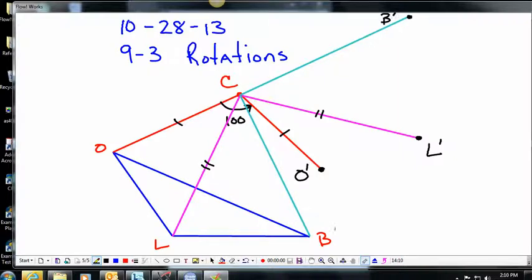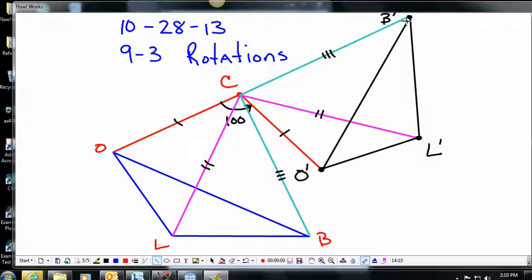And isn't this the same as this? And what's that angle? 100 degrees. Good. So now if you connect these, that is LOB rotated 100 degrees about C.